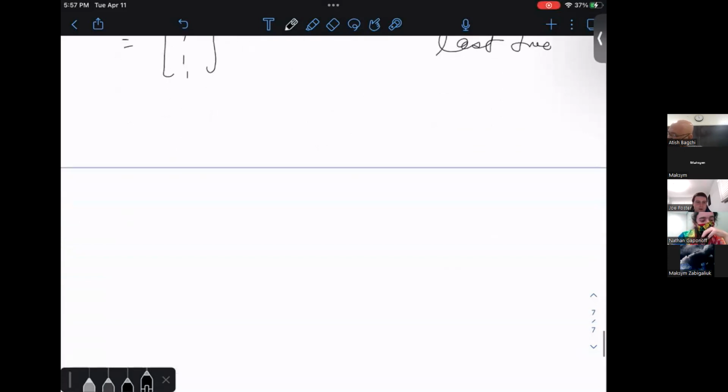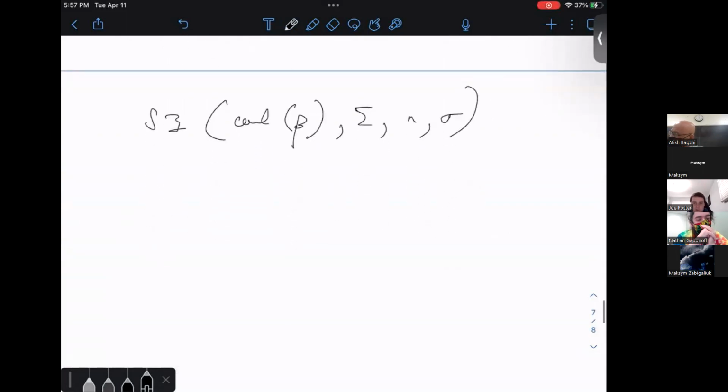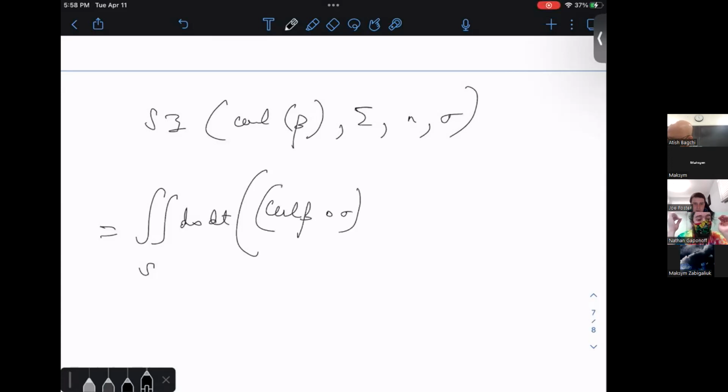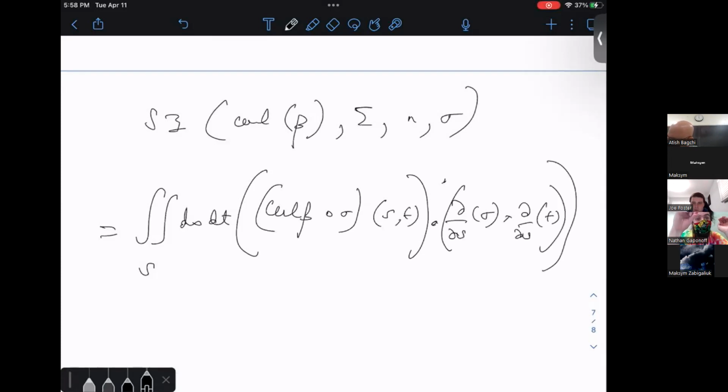So the surface integral of curl of beta dot n sigma is equal to the integral ds dt of curl of beta composed with sigma(s, t), dot del s sigma cross del t sigma.